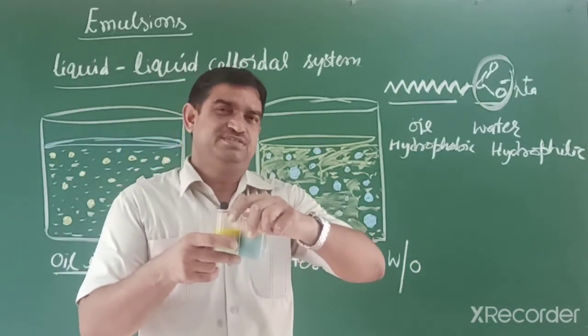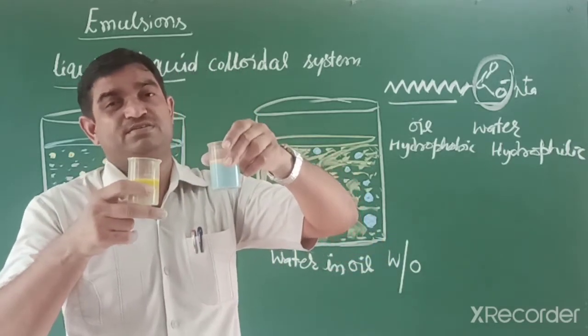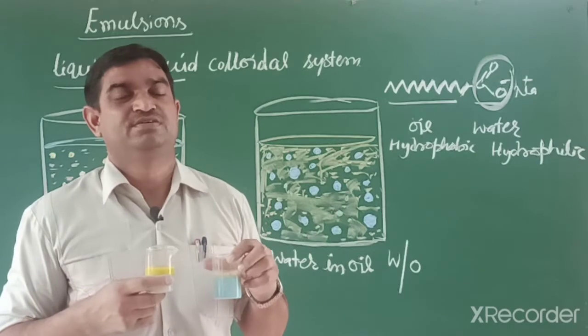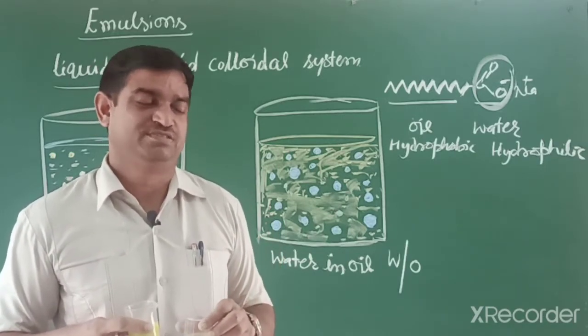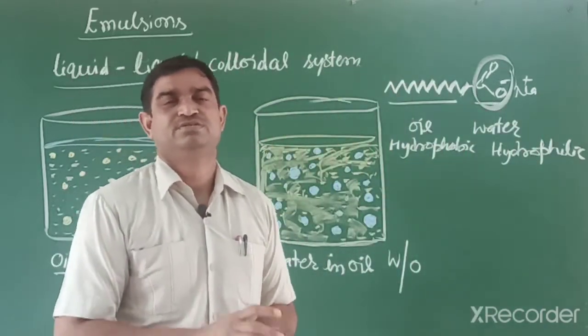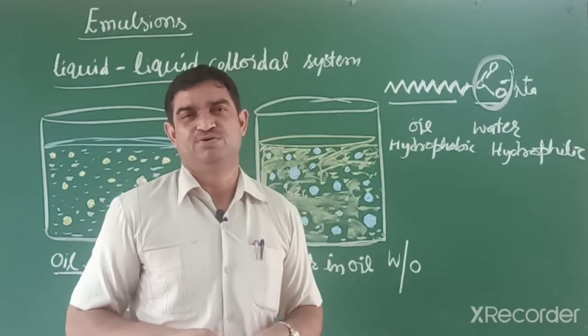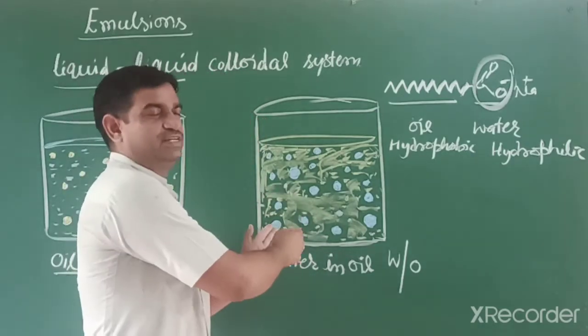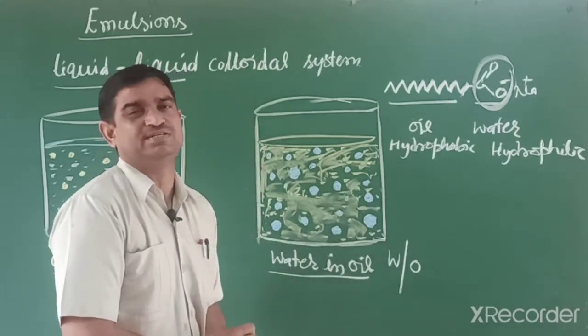Another difference is that we use some emulsifying agent for stabilizing that substance. Generally, those emulsifying agents are soaps and detergents. Other examples are proteins, gums, gelatins, long chain fatty acids and alcohol. So long chain fatty acids and alcohol we use for water in oil as emulsifying agents.